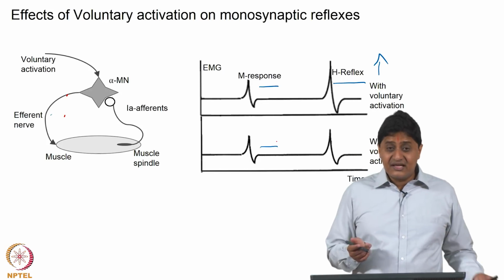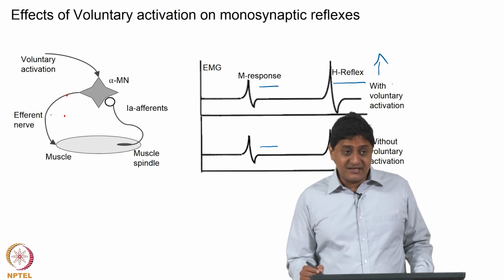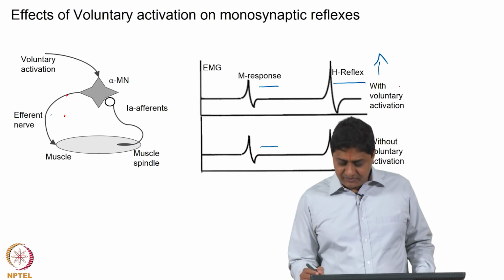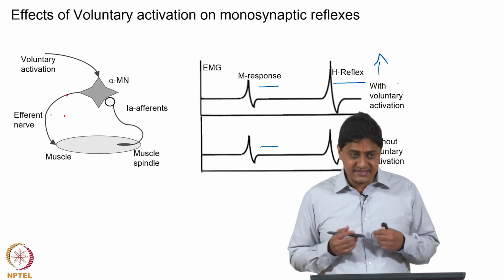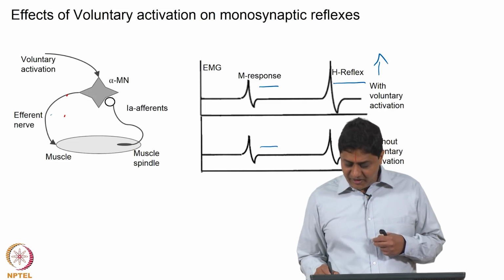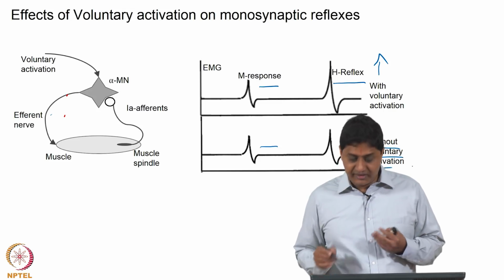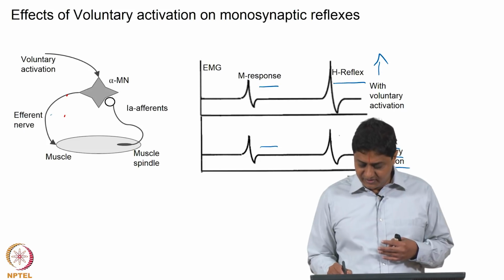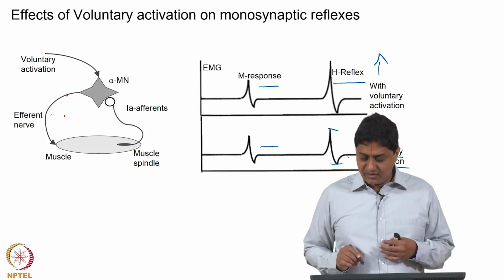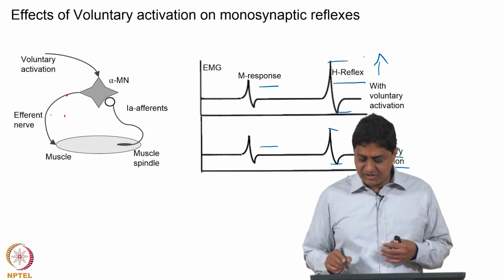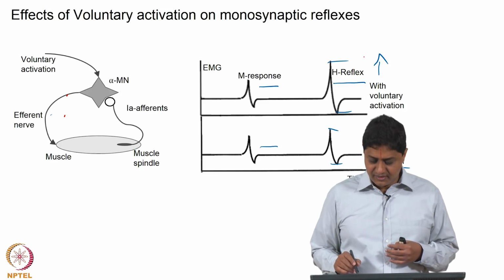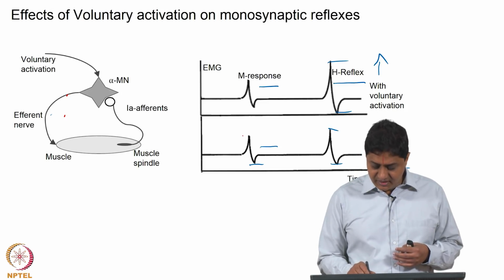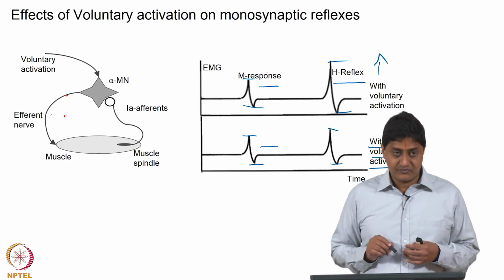In other words, if there is voluntary activation of the muscle, the H reflex amplitude increases when compared with the case of no voluntary activation. Without voluntary activation, the response is so much, with voluntary activation the response is going to be much higher, but that difference is not going to be seen in the M response.